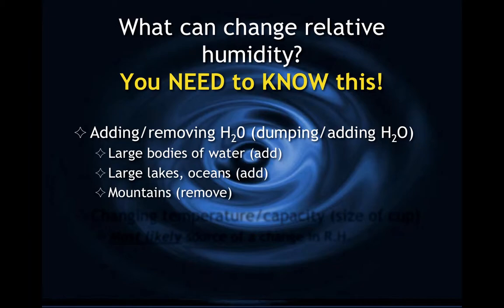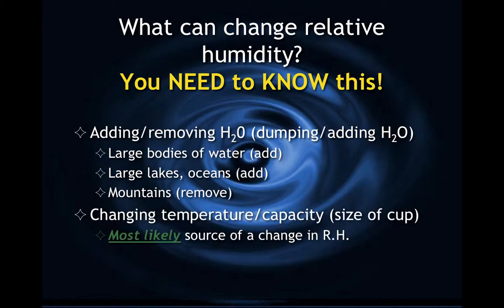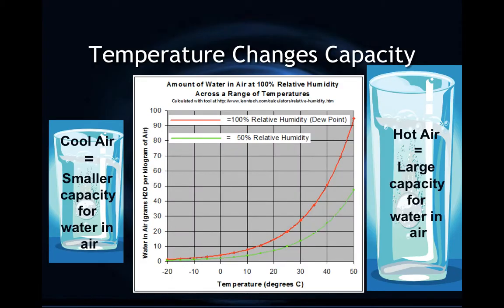Mountains actually remove water out of the air, and we're going to talk about that. We'll have a whole lab on that one, so just know that mountains remove water from the air. And then changing the temperature, because that changes the capacity. For us here in Nebraska, that's going to be the most likely source of a change in relative humidity. So we're going to see daily changes in relative humidity because we're changing the temperature.